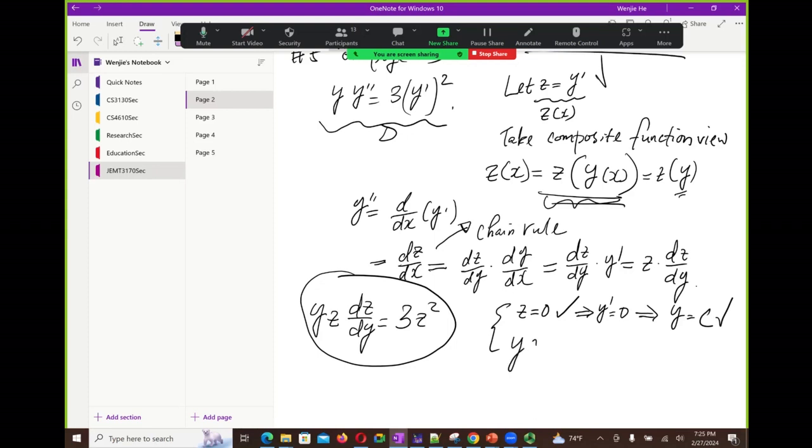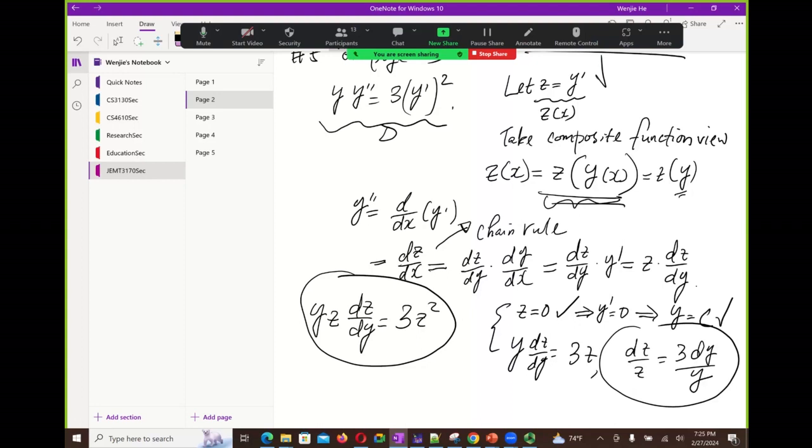Then y times dz over dy equals 3z. It's separable, right? So dz over z equals 3 dy over y. Can you solve this equation easily?